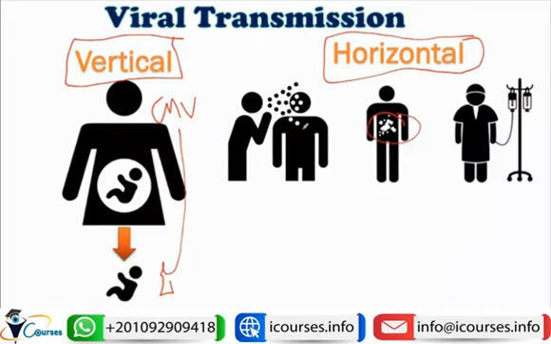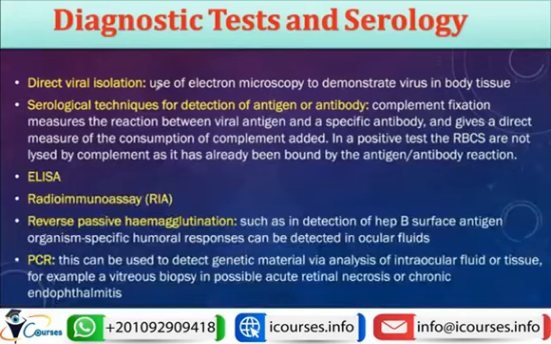So basically, we can either see the virus itself or the viral antigen, or we can detect the viral antibody, or we can detect the DNA or the RNA of the virus. Generally speaking, these are the commonest methods for diagnosis of the virus, including direct viral isolation by using electron microscopy.